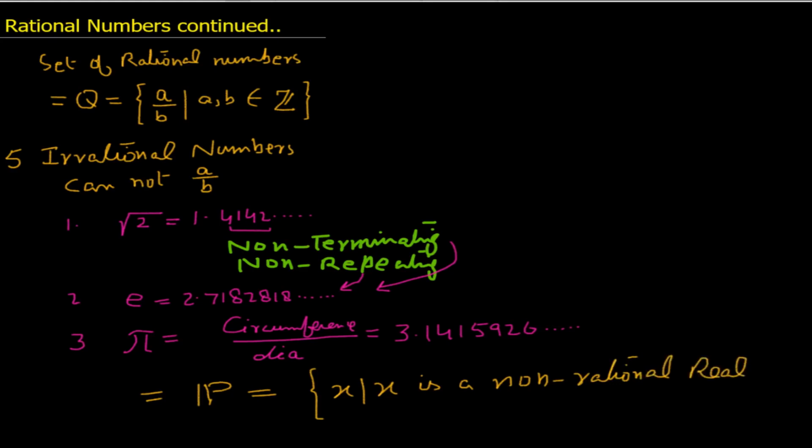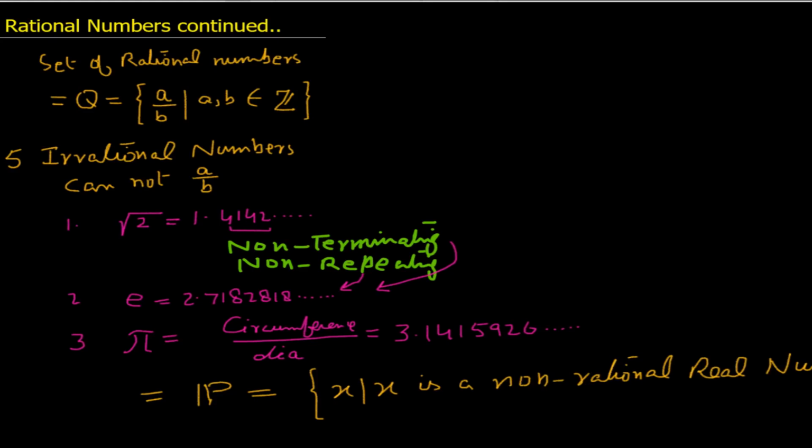We have not yet defined real numbers, but we are very close. So now that we have said that irrational numbers are non-rational real numbers, it should be clear to you by now that real numbers can only have rational and non-rational numbers.